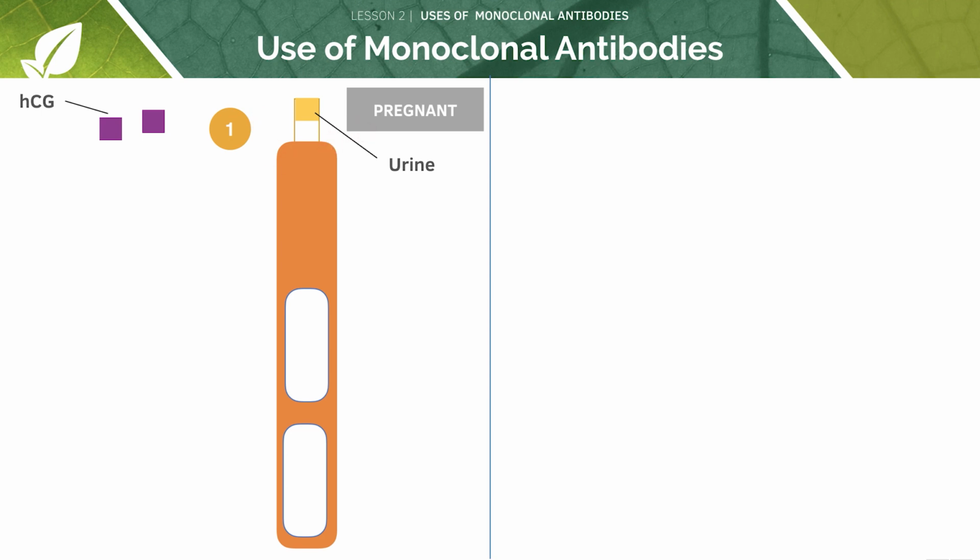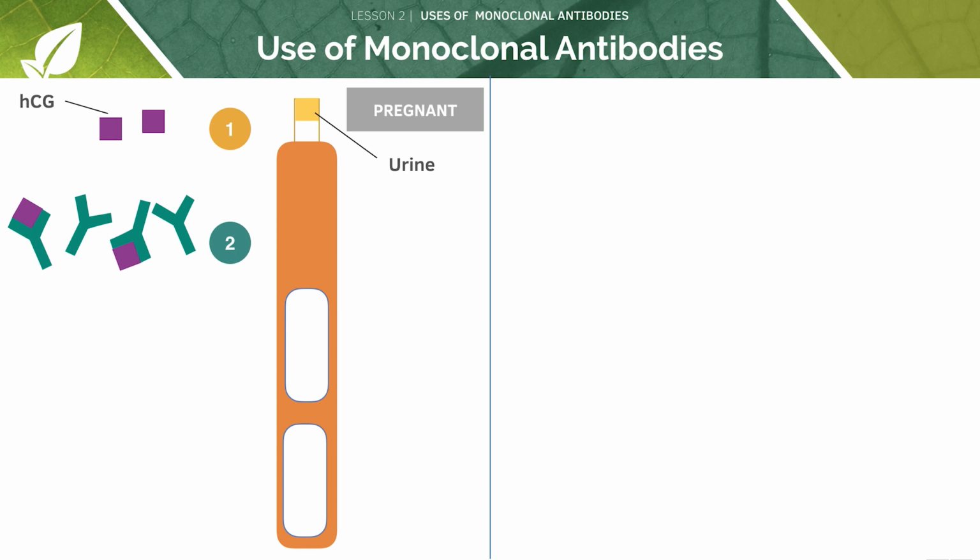If she is pregnant, and we're going to look at the case in which the woman is pregnant, she will have HCG, human chorionic gonadotrophin, present in her urine. If HCG is present, it's going to bind the free monoclonal antibody.